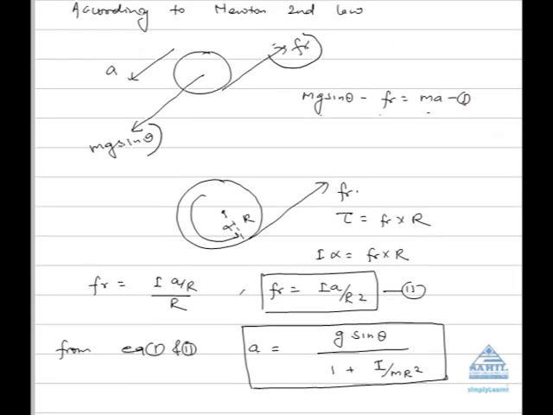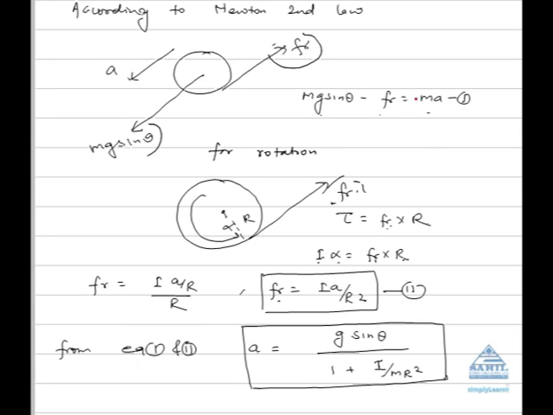Equation number 1. Again, for rotation, the net torque due to friction force is equal to Fr into R, which is force into perpendicular distance. We have torque equal to I into alpha, which is equal to Fr into R. The value of the friction force is given by I a upon R square.